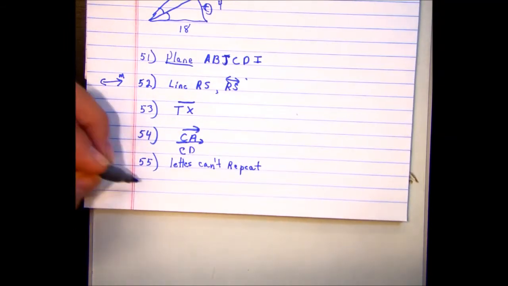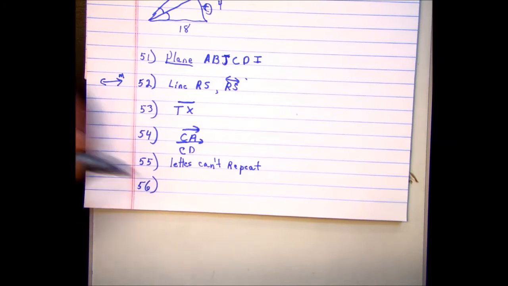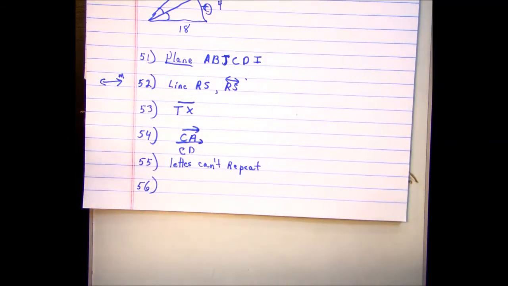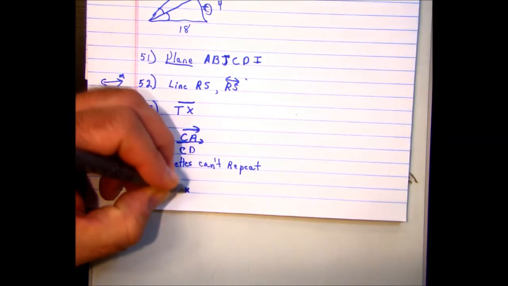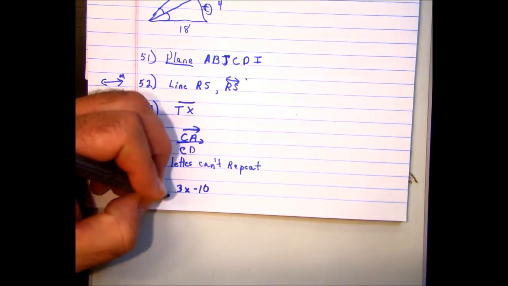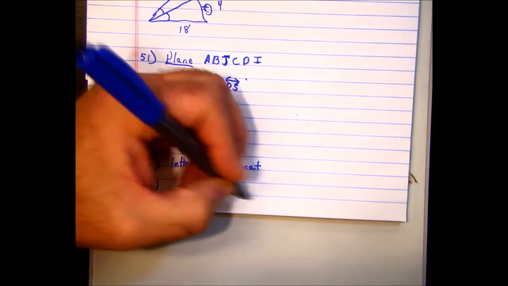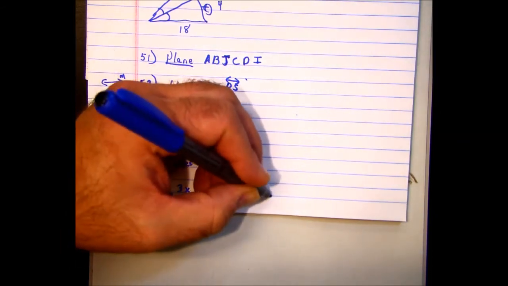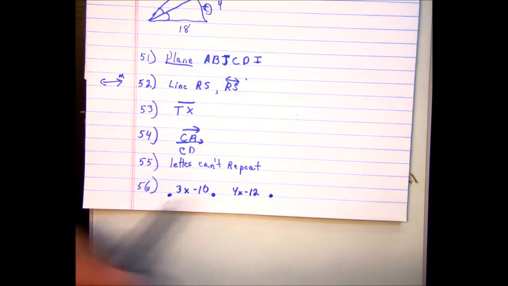56. We get into stuff we did at the beginning of the year. EF, FG, and EG. They said that the whole thing adds up to 20. So that means we're adding 2 things together to equal 20. This would be 3x minus 10 is one section. The other section was 4x minus 12, right? If I'm drawing that on the picture.